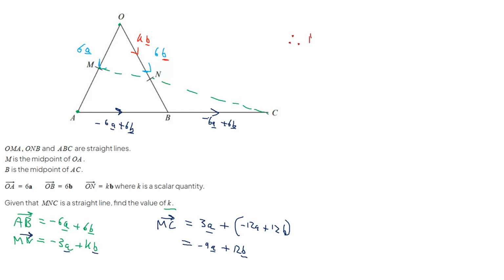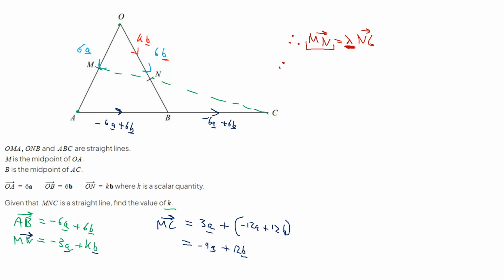Now, and this is the important part, because this is a straight line, we can say that M to N is equal to lambda times N to C. This is a scalar that we're looking for, and then this is our line. So I'll show you what I mean.